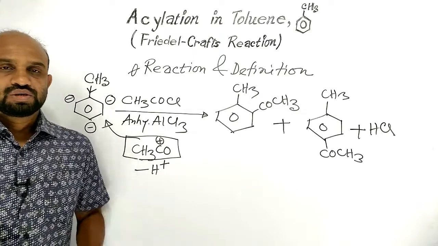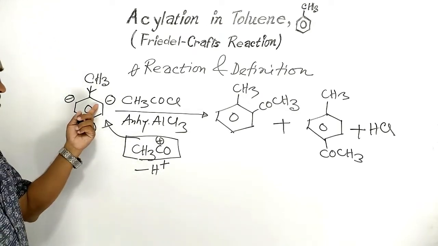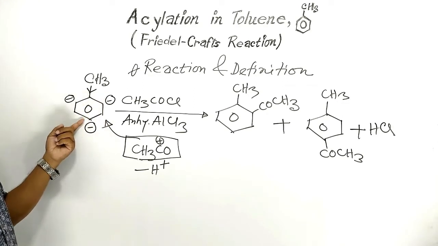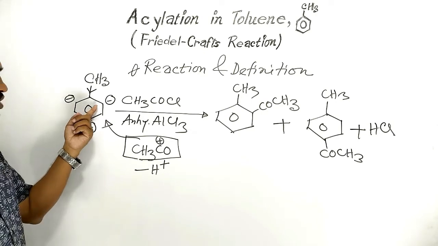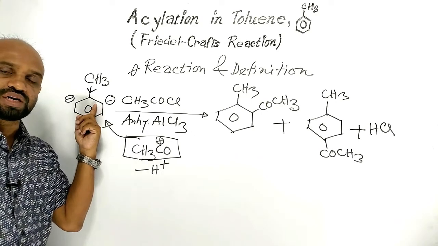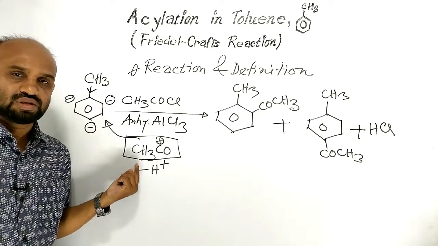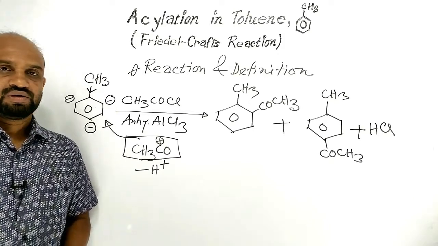So, the definition of acylation is the reaction in which one or more hydrogen atoms of an organic compound like benzene are replaced with an acyl group. Then the reaction is known as acylation.